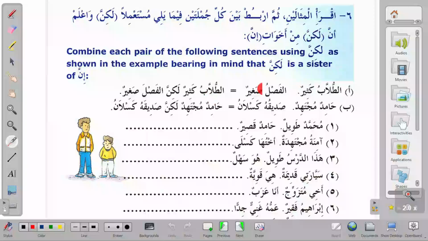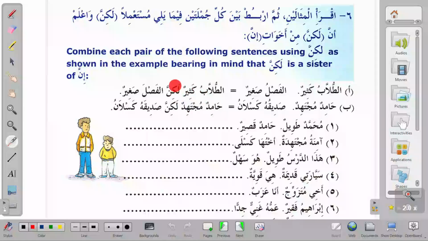So that's why you say at-tullabu kaseerun, lakinna, you see this faslu will now be al-fasla. Lakinna al-fasla saghirun. I hope that is clear. So whenever you are using lakinna, now that you are trying to make the exception, for example here, the students are many, but the classroom.